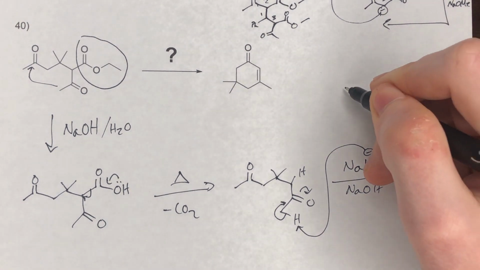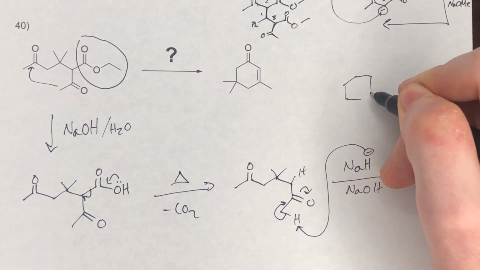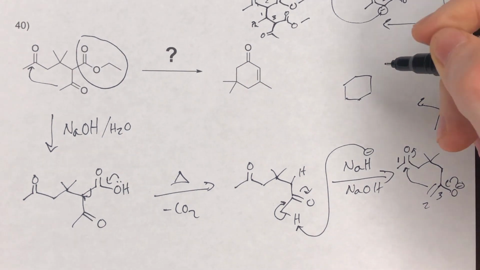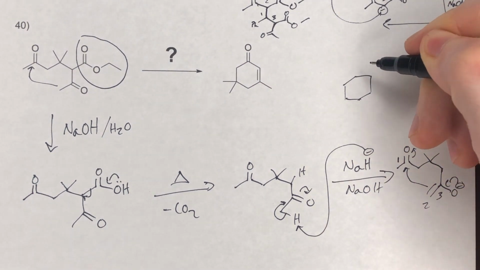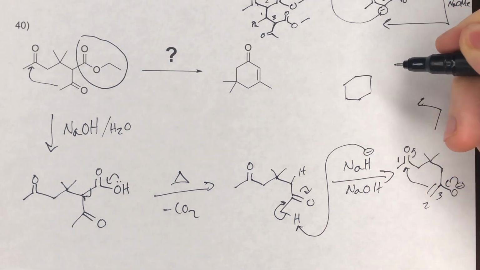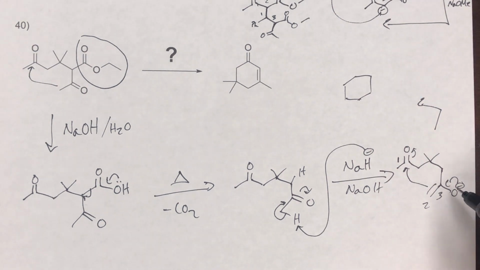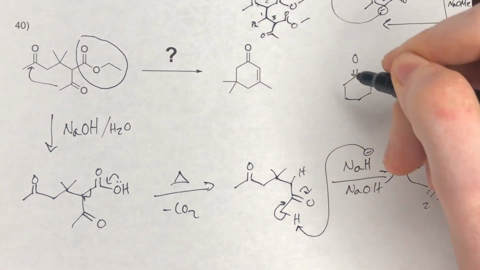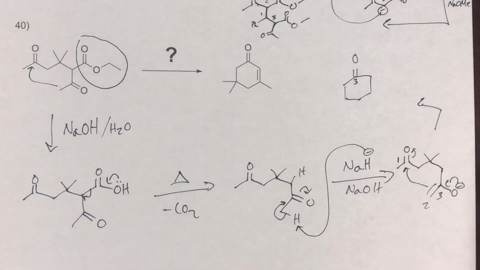So we just draw our 6-membered ring like so. And let's keep track of the carbons. So 1 and 2 and 3. So let's call this 3, right? Doesn't matter here. 1, 2, 3, 4, 5, 6. Yeah, it doesn't matter. So this will be 3. Keep it as consistent to that as possible.